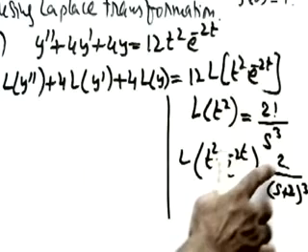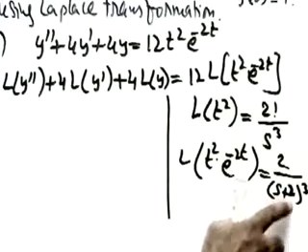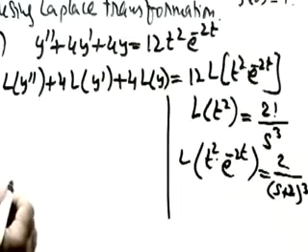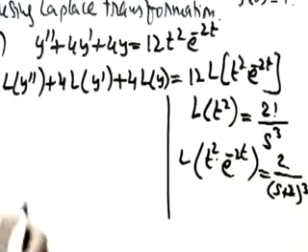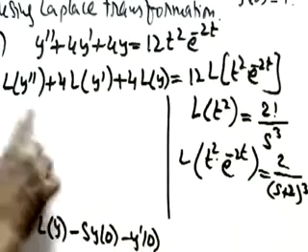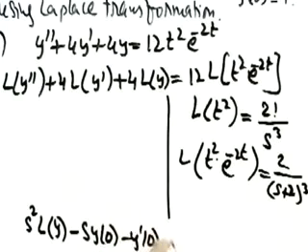When we multiply some function with e power at, the formula becomes s minus a. So let us use the formula for Laplace of y double dash that we wrote just now. This is s square into Laplace of y minus s into y naught minus y dash naught.